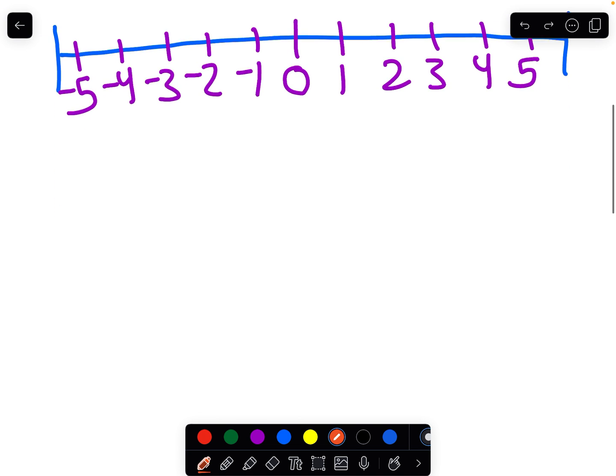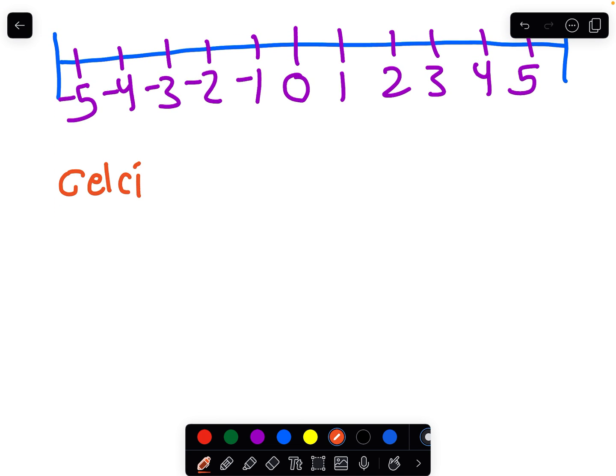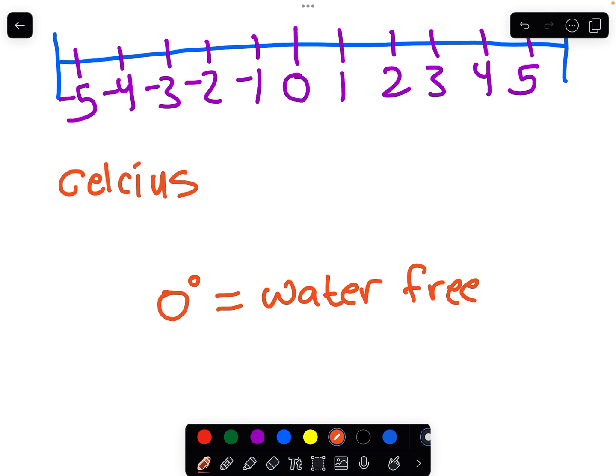At 0 degrees, and note, you saw that I made this little circle. That actually is the sign for degrees. At 0 degrees, water freezes. And it freezes a lot over there because it's very, very cold.